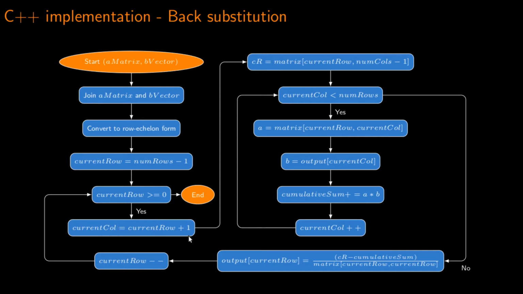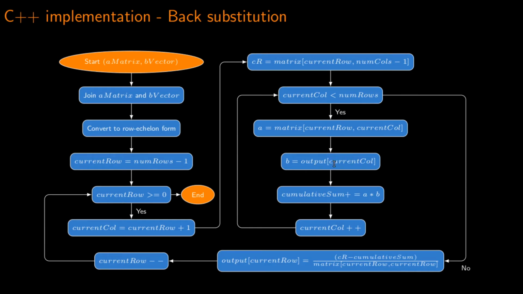We set current column equal to current row plus 1, and then set CR equal to the value of the matrix at current row, num cols minus 1. That's going to take the B value. Then we test if current col is less than the number of rows. If it is, we set A equal to the value of the matrix at current row, current column. B is equal to the output at current column, the previous value.